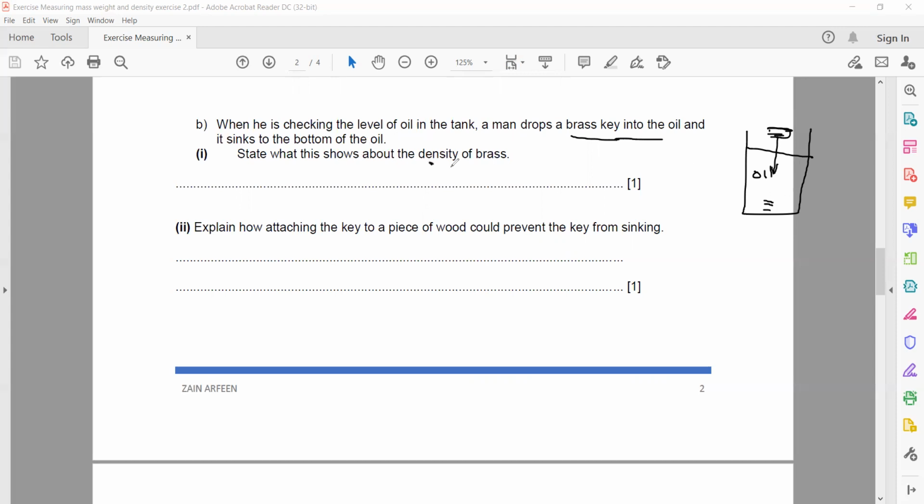What can we say about the density of the brass compared to oil? Because it is dropped in the oil. Is it more than the oil or less than the oil? The key sinks.